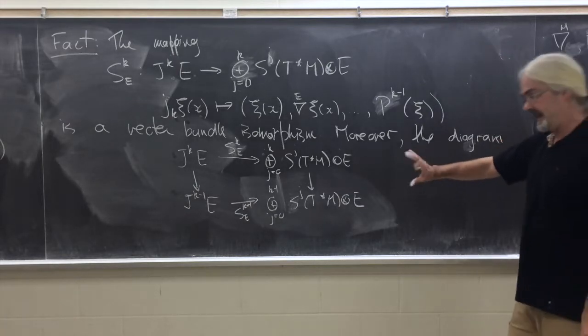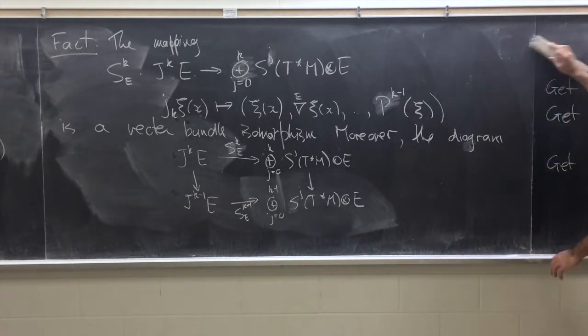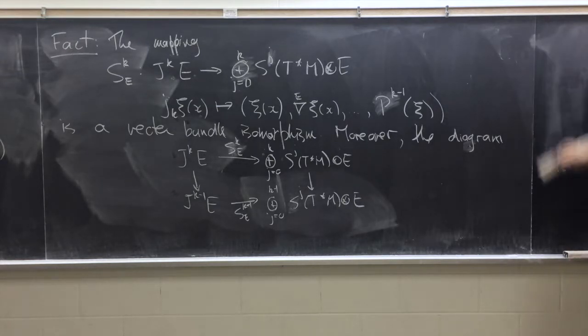Now, just to say a few words about the proof of this. If you sit and look at this for a second, you can imagine it's going to be a proof by induction. And you can imagine doing this explicitly in coordinates. And maybe you can even do that.